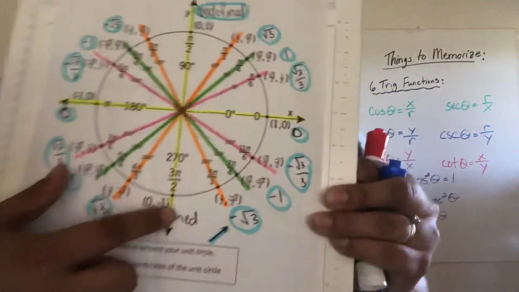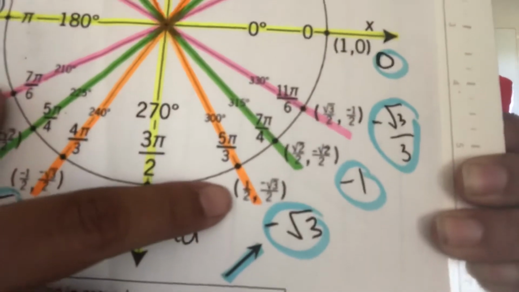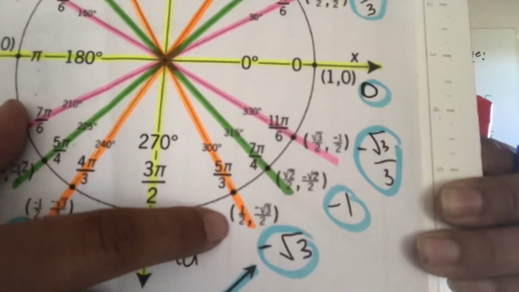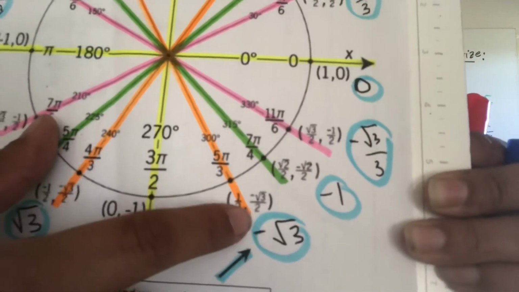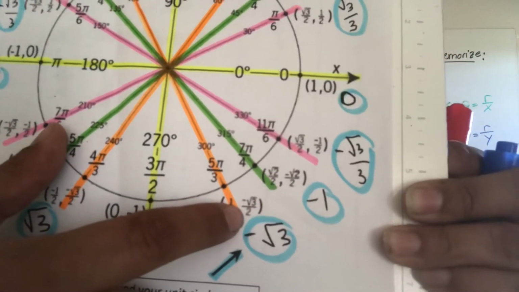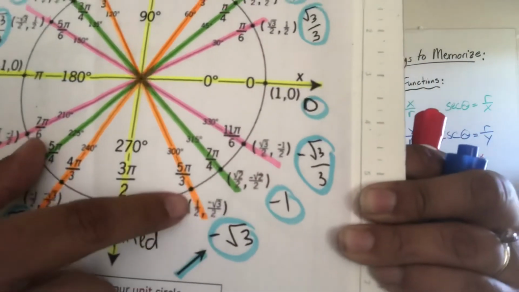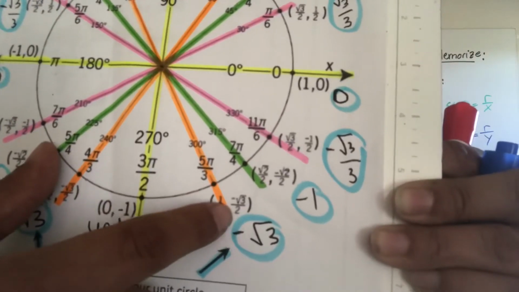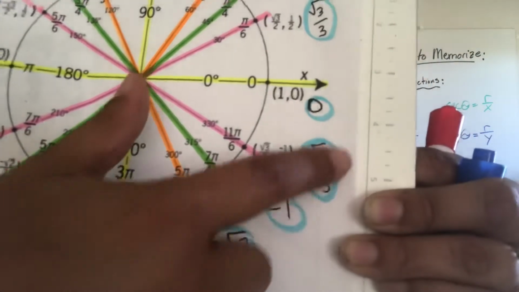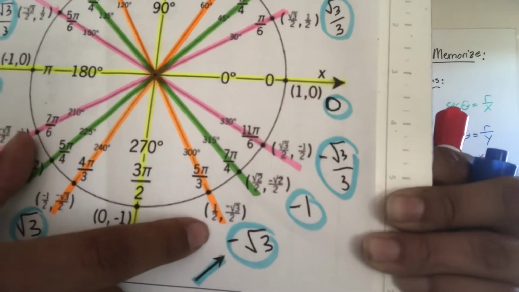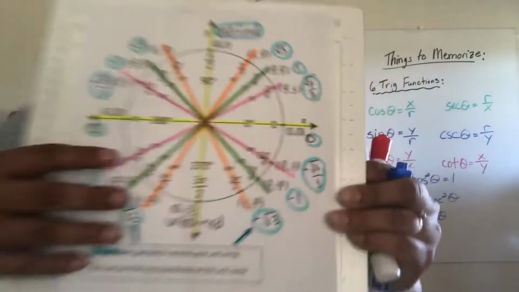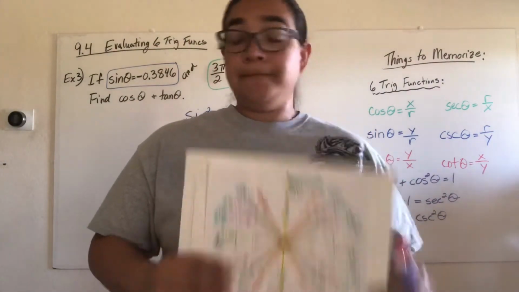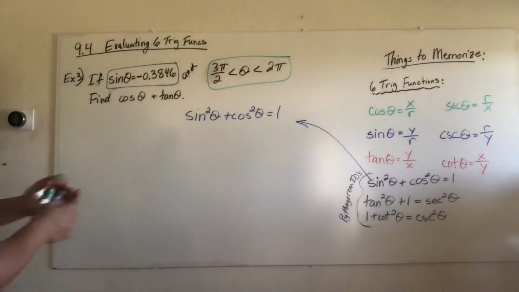The main thing here is take a look at the signage of all the points. In the 4th quadrant, all of your x values, aka your cosine values, are positive, but your sine values are negative. So you've got to keep that in mind. Also, if you have a positive x value and a negative y value, look at your tangents. All your tangents are going to come out negative as well. This is important because it's telling you the sign of all the ones that you're going to be getting.